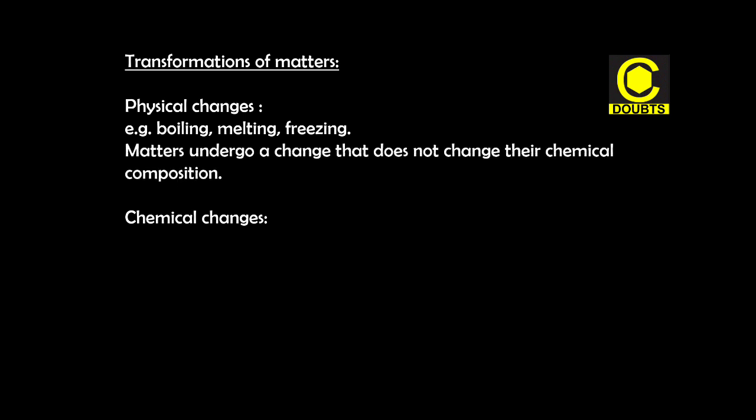During these physical changes, these matters undergo a change that does not change the chemical composition. For example, when we boil water, it converts into vapor, that is, the water evaporates. Here, only the physical state of the water is changing from liquid to gas. Its chemical composition H2O is not changed, in the liquid form and also in the gaseous form. So during physical changes, the chemical composition will not change.